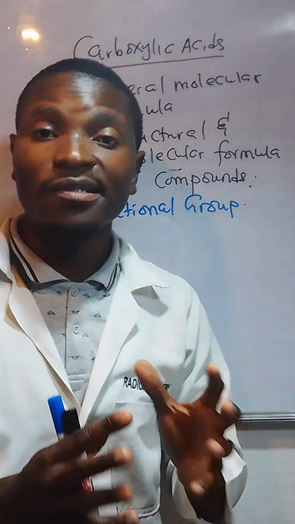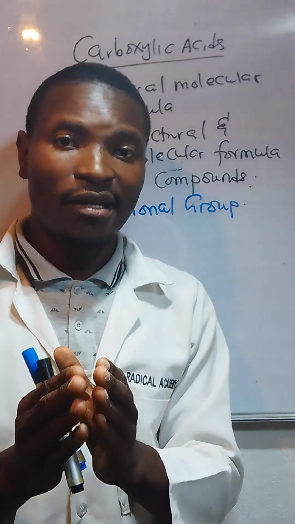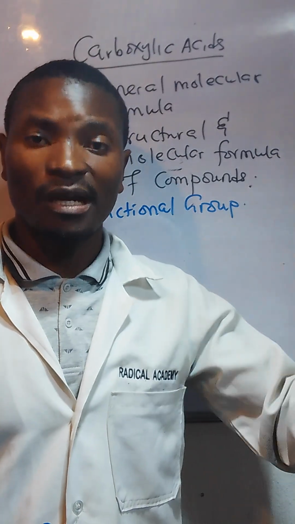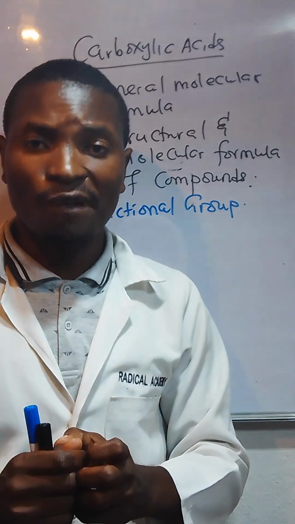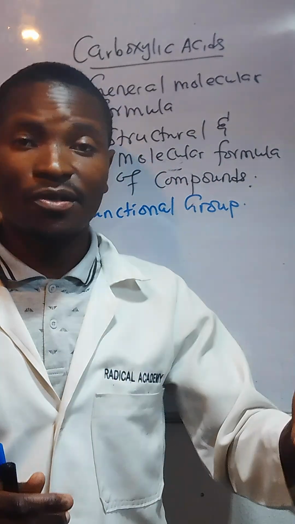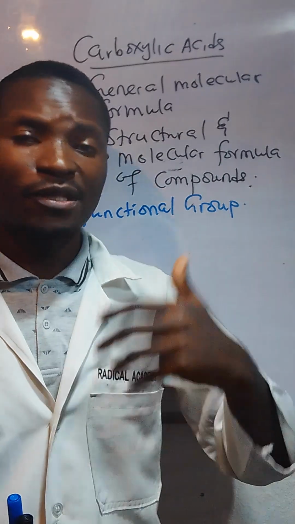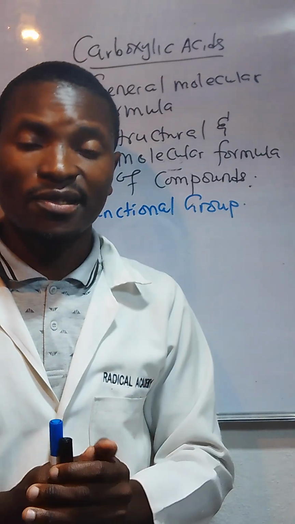So if we see this kind of functional group, then we will be able to understand which class of hydrocarbons the compound belongs to. Is it the carboxylic acids? Is it the alcohols? Is it the alkenes or alkanes, and so on.